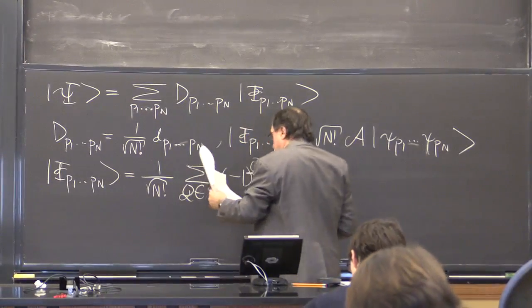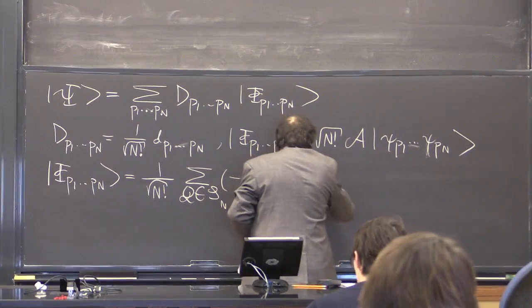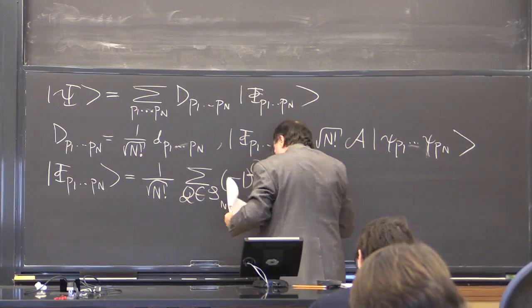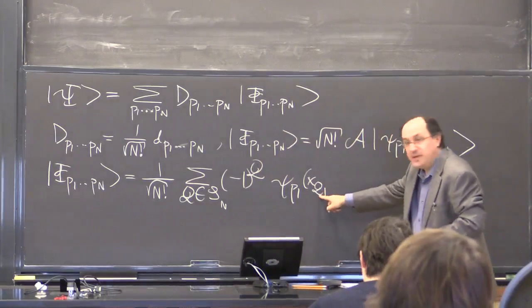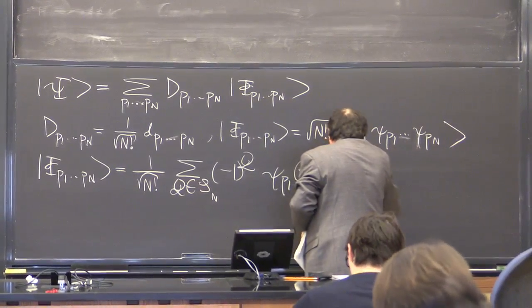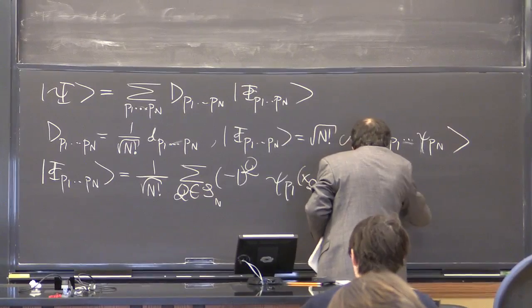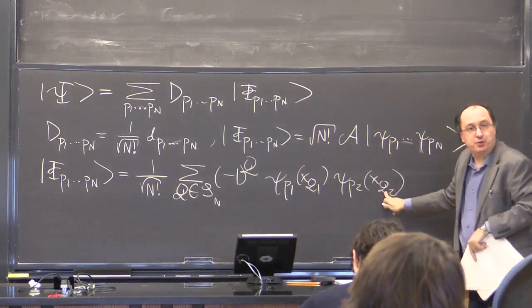If I write it in coordinate form, this will be psi p1, x q1. In other words, index 1 became q1. I just permuted it. Then you have psi p2. Let's write a little bit more than we normally write. So that's going to be the second one. 2 got permuted into q2.